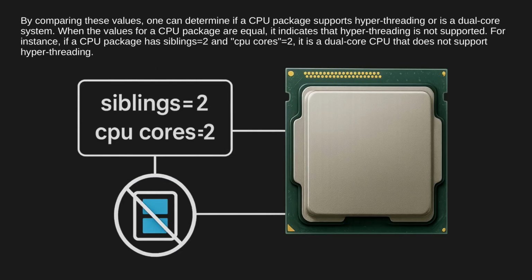By comparing these values, one can determine if a CPU package supports hyperthreading or is a dual-core system. When the values for a CPU package are equal, it indicates that hyperthreading is not supported. For instance, if a CPU package has siblings 2 and cpu cores 2, it is a dual-core CPU that does not support hyperthreading.